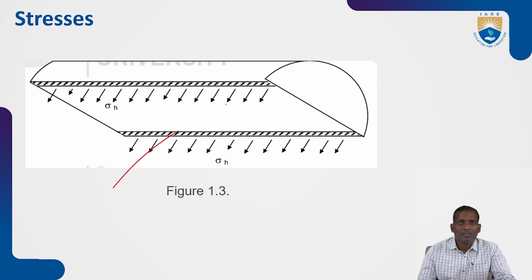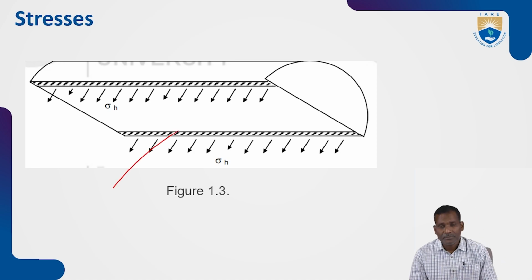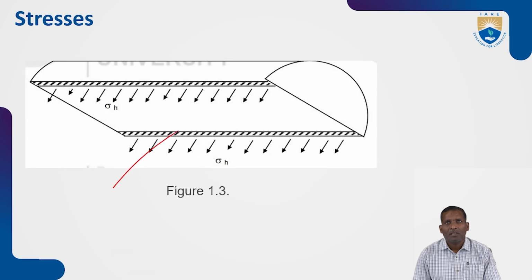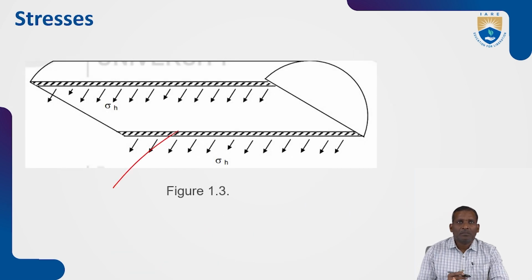Whenever we cut the cylinder horizontally, it cuts the cylindrical shell into two halves. Here the resisting stress is shown, sigma h, which is called the hoop stress.